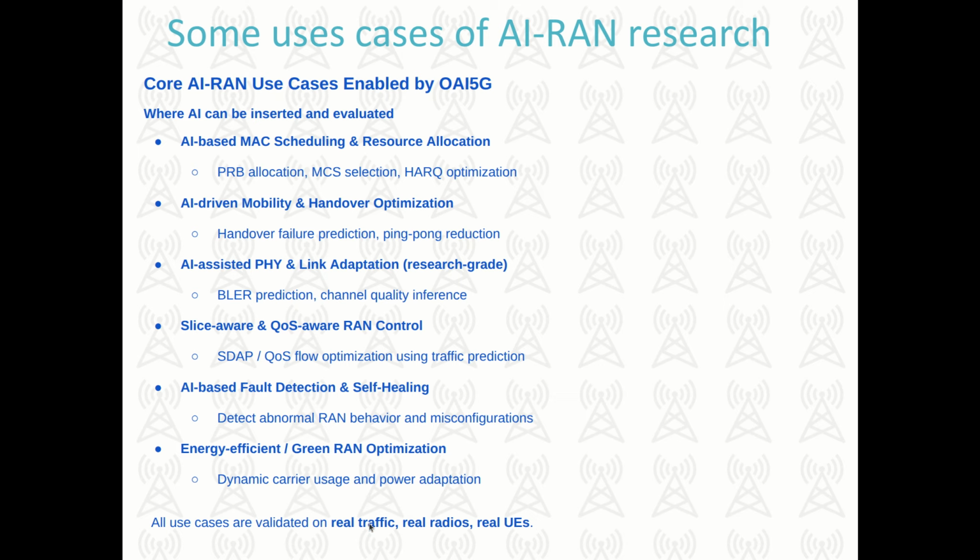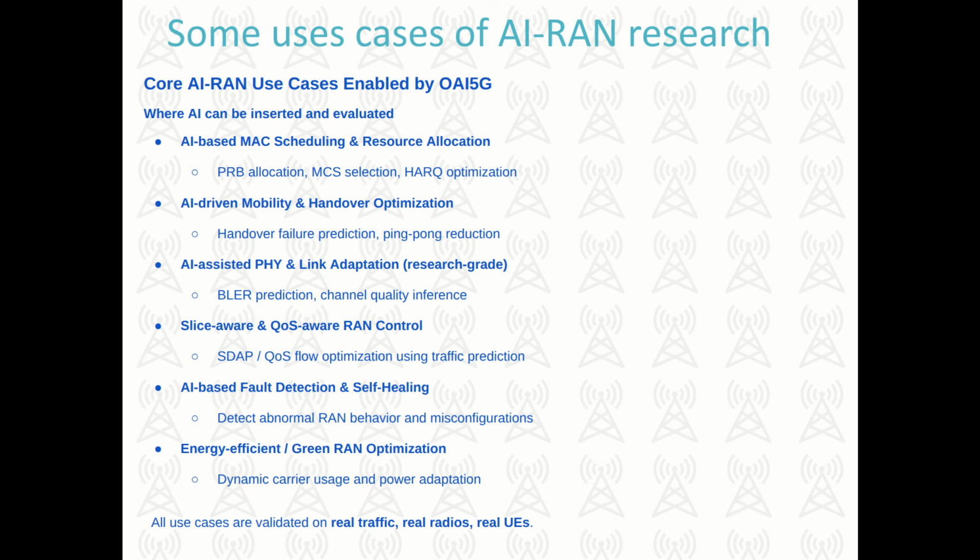So the main consideration is that whatever you are doing, for example, in a real network, you have got everything, real traffic, real radios, so you can actually check the performance, whether by using a certain AI RAN feature.